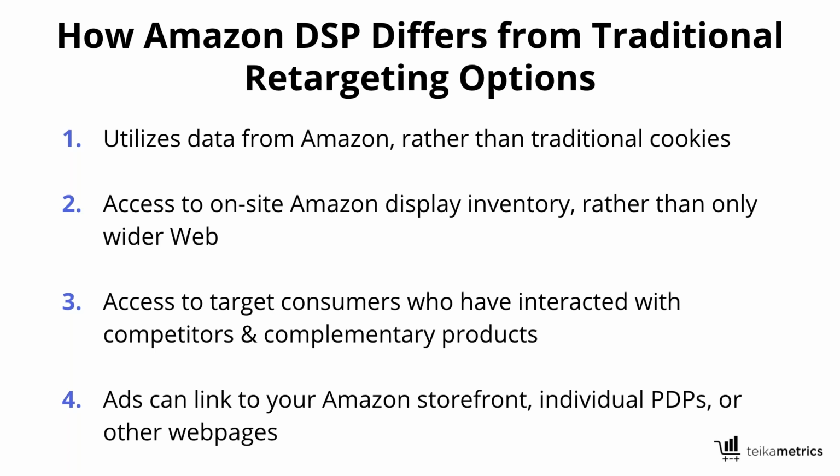The third is access to target consumers who have interacted with competitors and complementary products. We'll get into this a little bit more. This is one of my favorites, especially in the holiday season. Basically, we're able to go after our competitors. Your competitors are going after you, so why not go after them? Not in a dog-eat-dog world at all, but it's true.